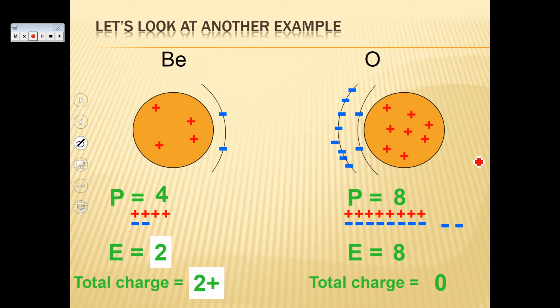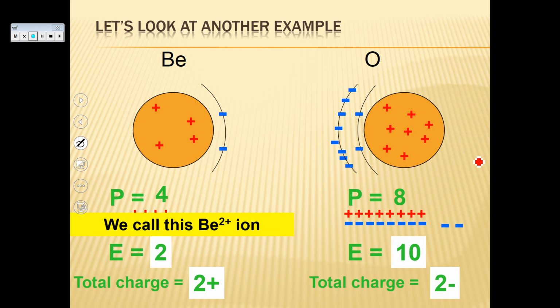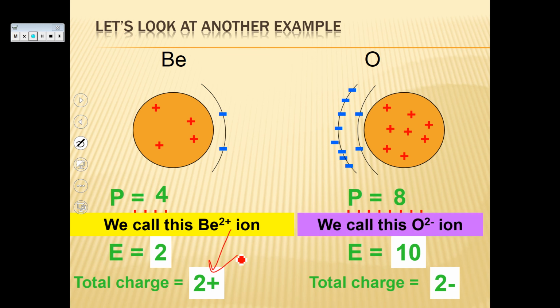We say that it has a charge of 2 positive. Oxygen now has 2 extra electrons, so its number of electrons is 10. Its charge is now negative 2. You can put the negative sign in front of the 2 or behind the 2. It does not matter. We call this ion for beryllium Be2+, which comes from its charge, and we call the oxygen ion O2- to indicate that now it has 2 extra electrons.